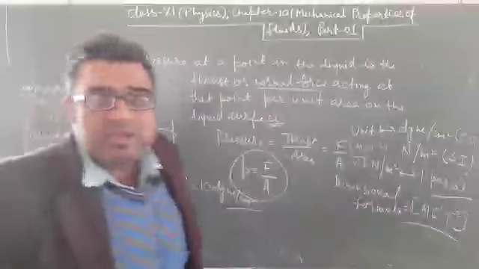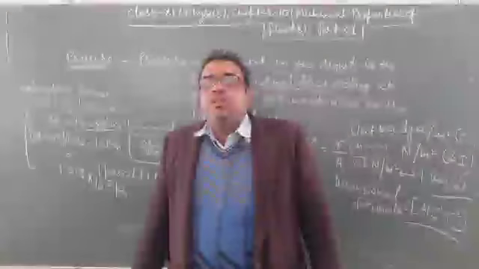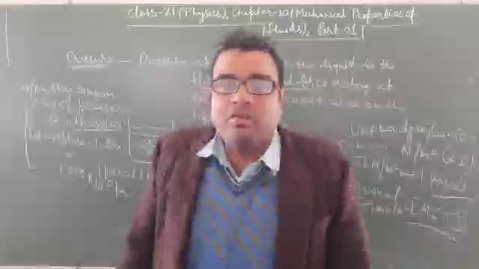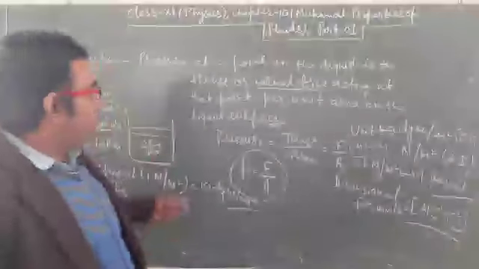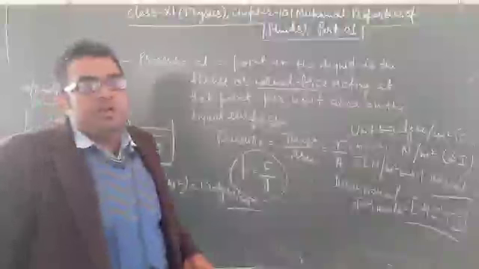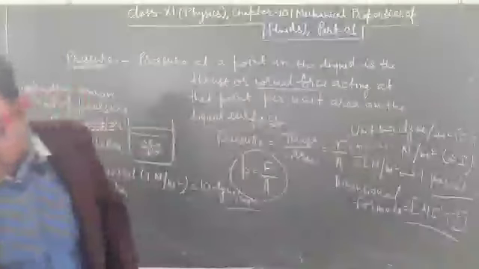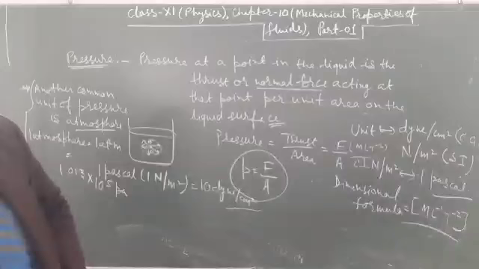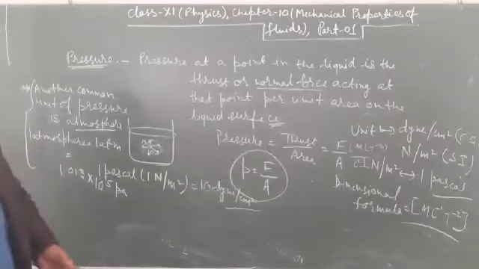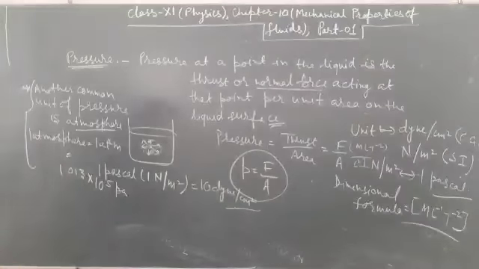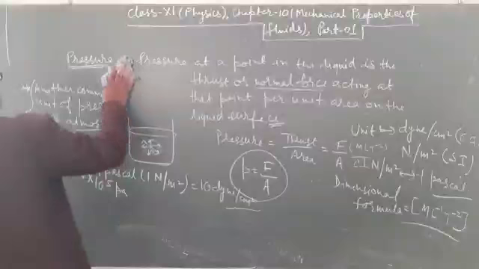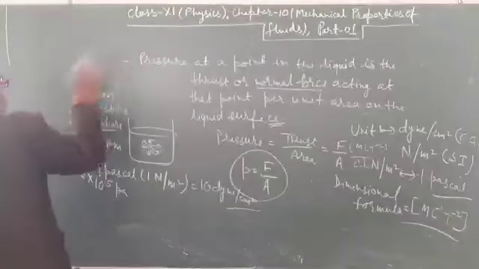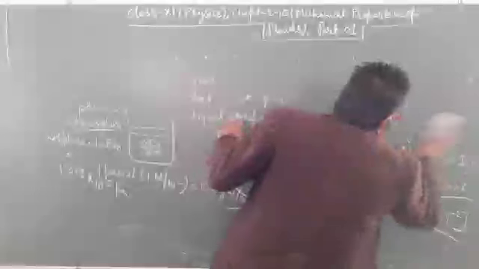But suppose this force is of variable nature, then how can you calculate the pressure? Then pressure can be calculated when the force is not distributed uniformly over a given surface.